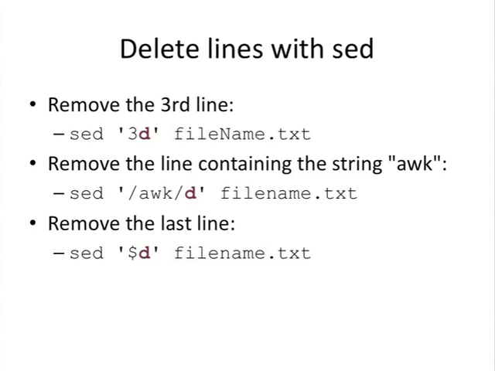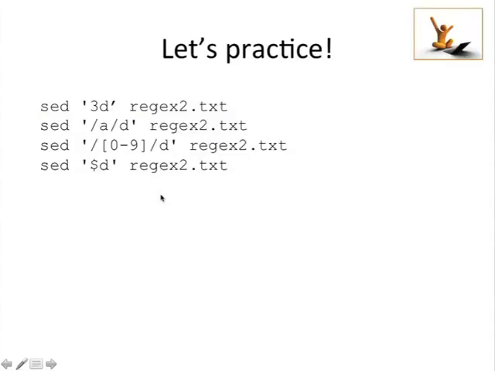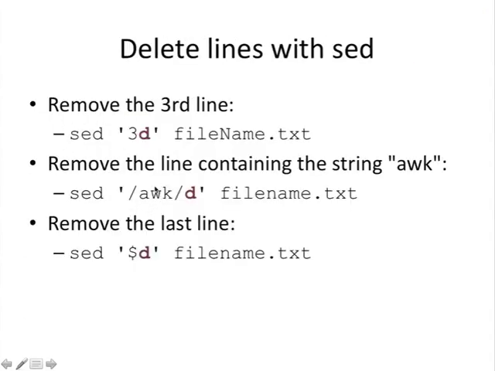Also, we can use the regular expression here as well. You want to delete all the lines which contain this word. So as soon as you see the combination of letters A, W, K, you will delete that line.